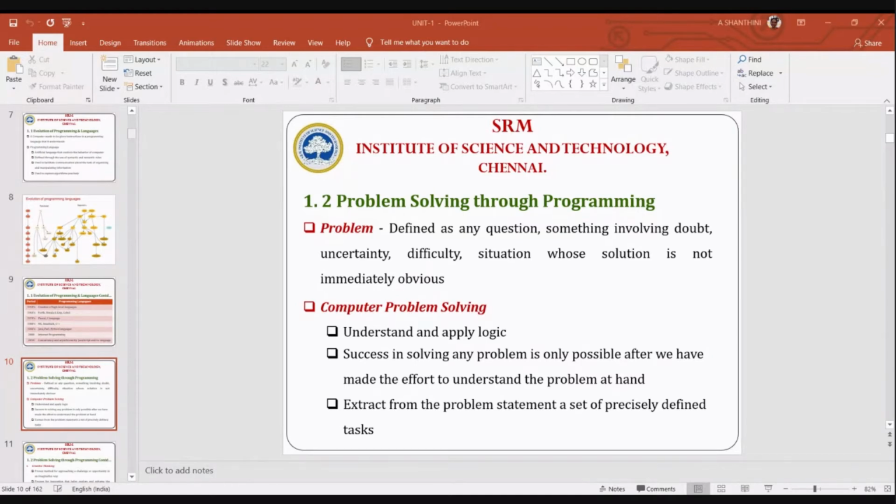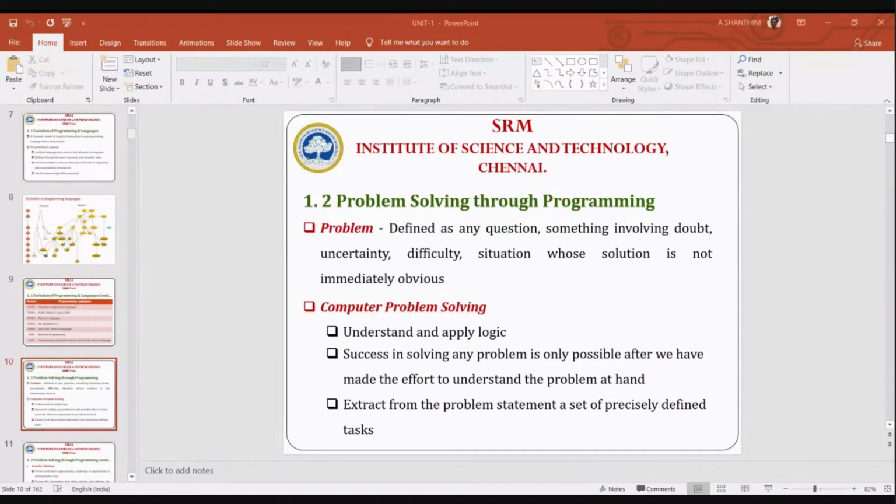Okay, so coming to the steps to solve the problem, or to find a better solution to a problem. First, we need to identify what the problem is. The second step would be to understand the problem by having some basic knowledge about the solution. Next, third one is to find the alternative ways to solve the problem. Fourth one is to select one best method of the available solutions.